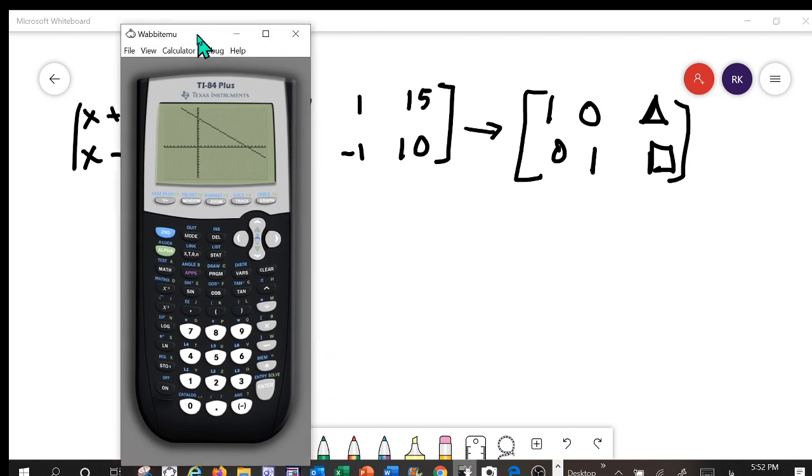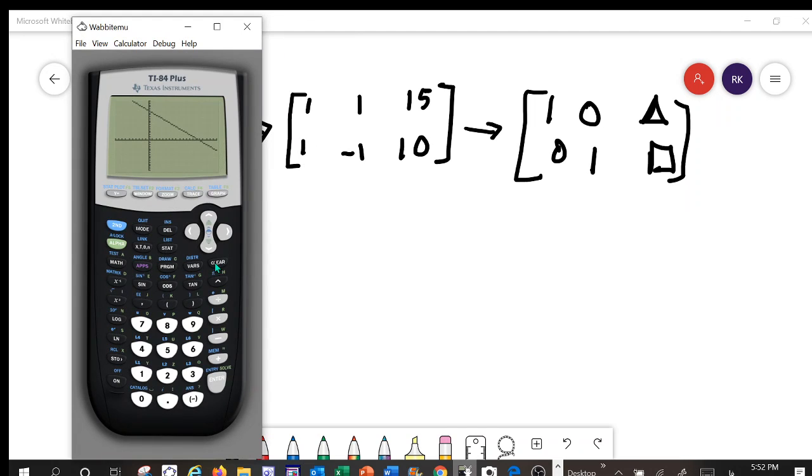So with the calculator, what we are going to do is go to matrices and then go to edit, and then make this matrix this size. So it's 2 rows and 3 columns. See, 2 rows and 3 columns.